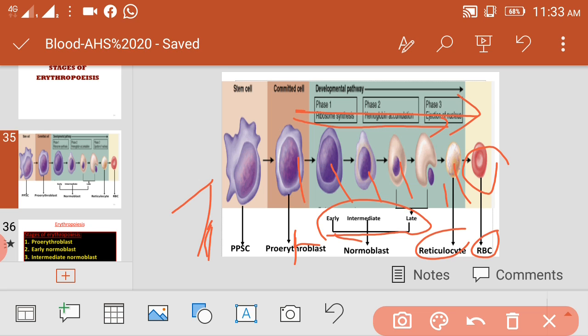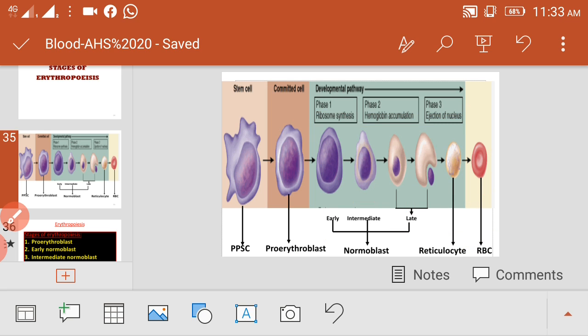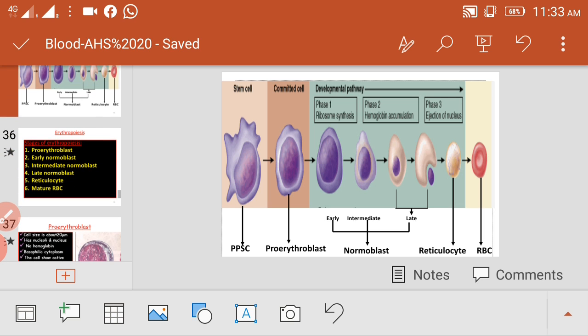The third change is the color. If you stain the RBC cells, you can easily make out the color changes. The first one you can see is blue, bluish. Then it keeps changing color and becomes the red cells. That is due to the accumulation of hemoglobin. I will explain each step.